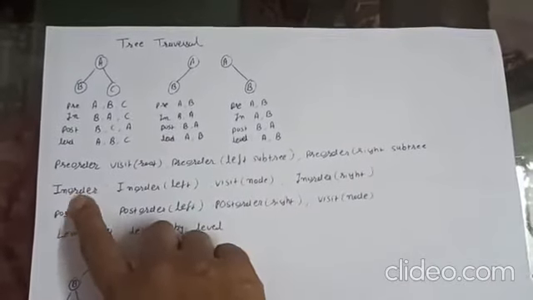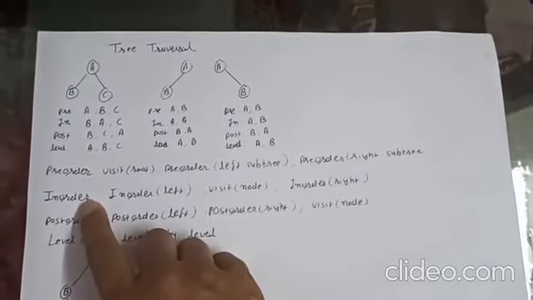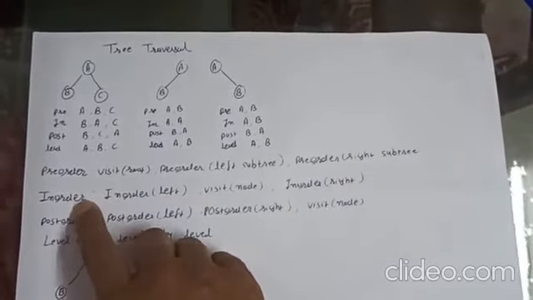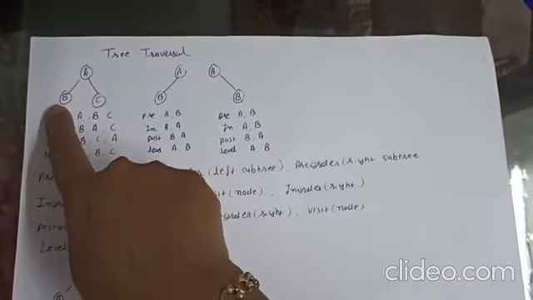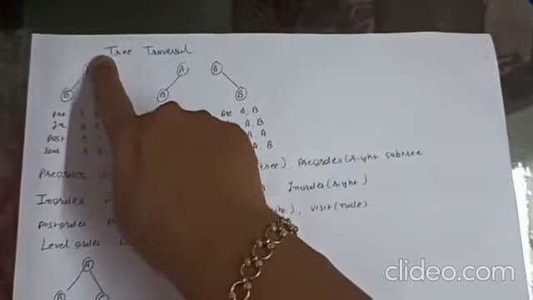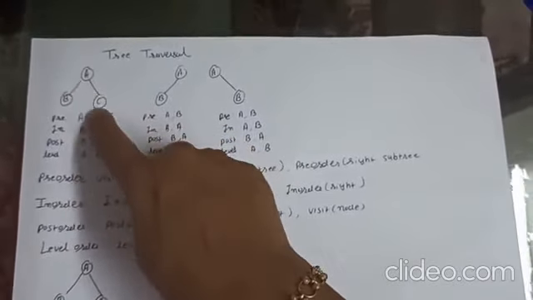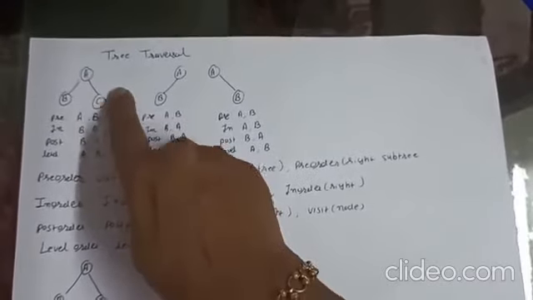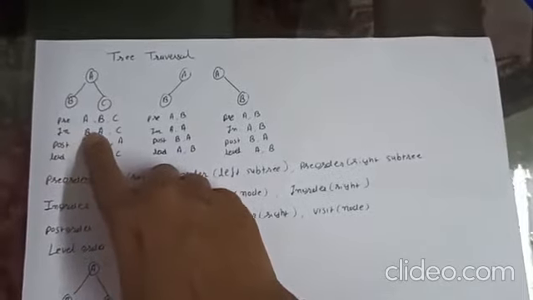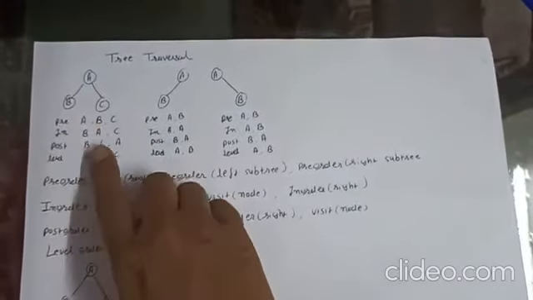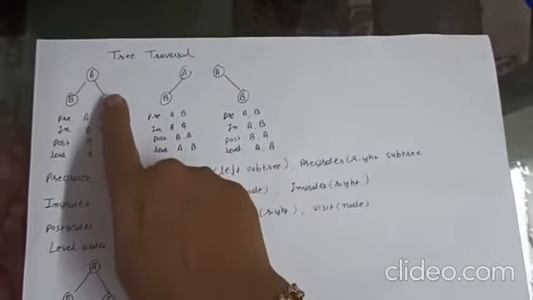Then next is in-order traversal. In in-order traversal, we will first perform in-order on the left subtree, then we will visit the root node, and then we will perform in-order on the right subtree. So see the in-order: B, left and then root and then right.